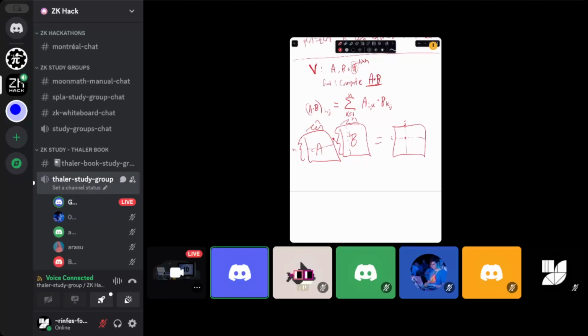So this is summing over the entries of row i of A, so as k goes from 1 to n, this is iterating over the entries of row i of A, and this is iterating over the entries of column j of B. And you're just taking a dot product. You're taking the kth entry of row i of A, multiplying it by the kth entry of column j of B, and summing up the results.